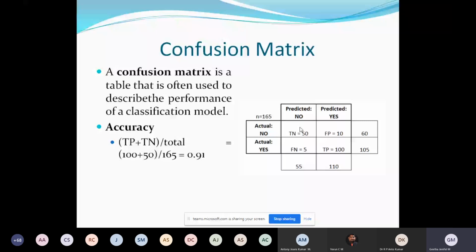So the recall is 95%, that is 0.95. Then precision is calculated by true positive divided by predicted yes, that is 100 divided by 110, which is equal to 0.91.